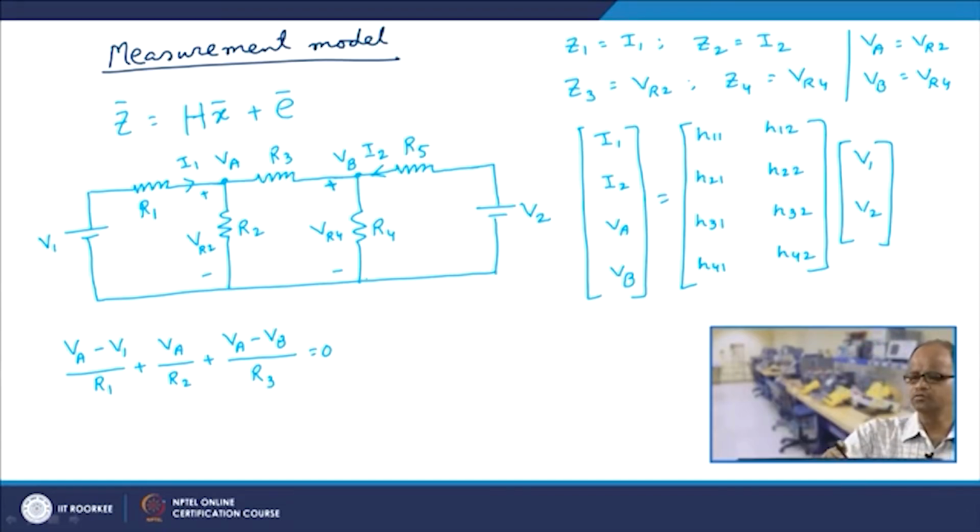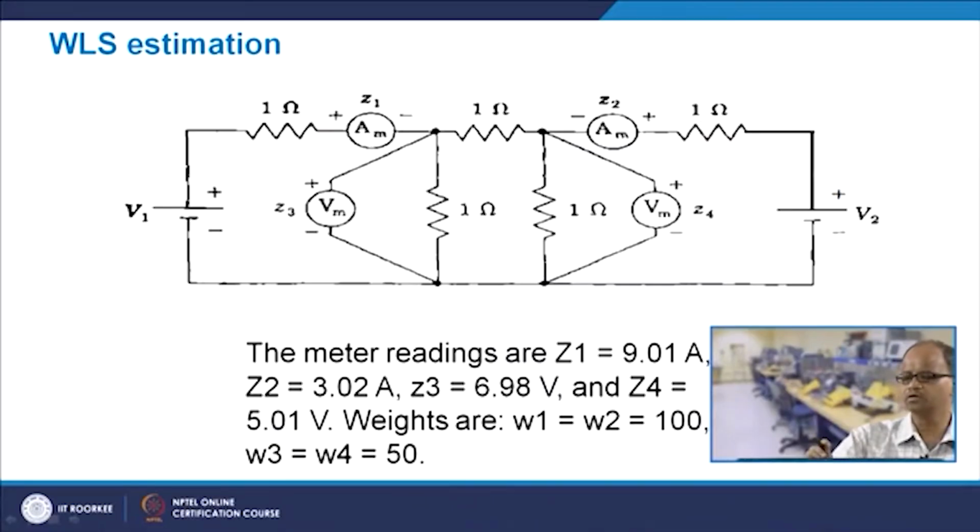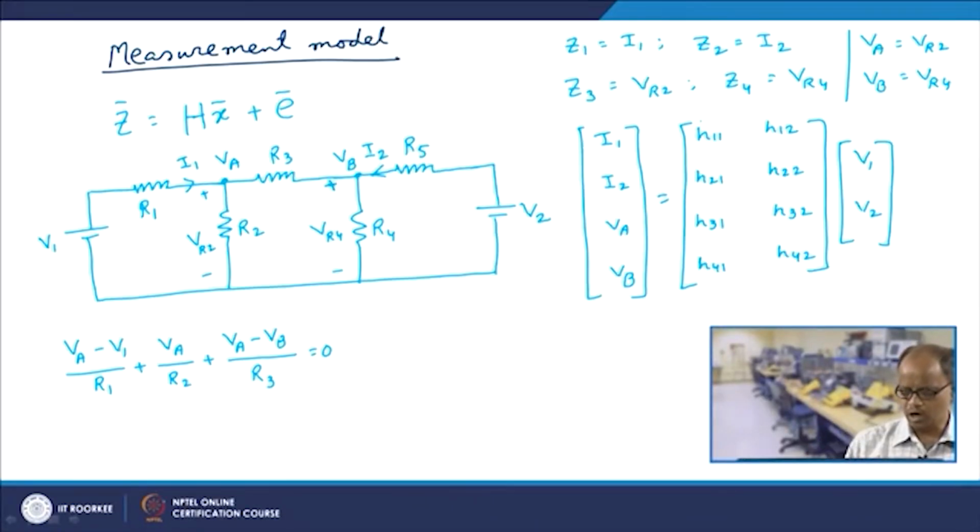Now, here if you note that all these resistances R1, R2, R3, R4 and R5 are equal to 1 ohm. So, because all resistances are 1 ohm, we can write down that VA minus V1 plus VA plus VA minus VB is equal to 0.